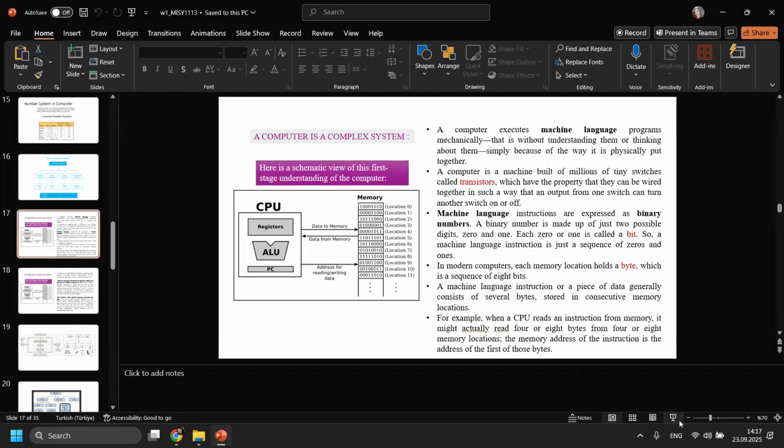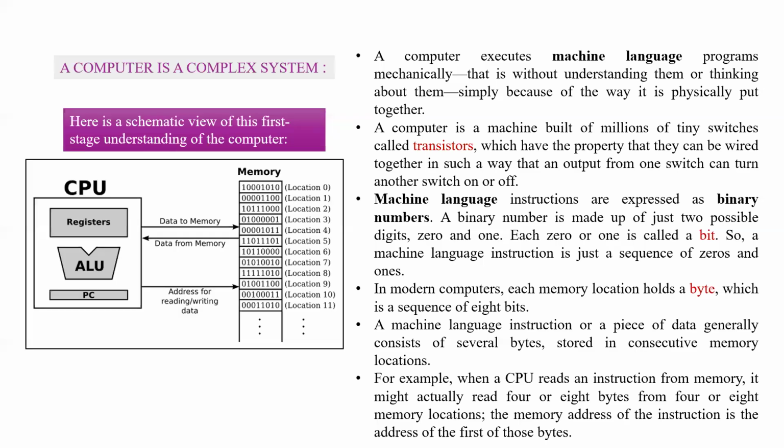If you have so little info about circuits, it can be bad for you as a programmer, because we need to use at least this basic circuit theory structure, because our memories run with transistors in real structure. As you see, they can be wired together in such a way that an output from one switch can turn another switch on or off. It means this transistor can be on or off.